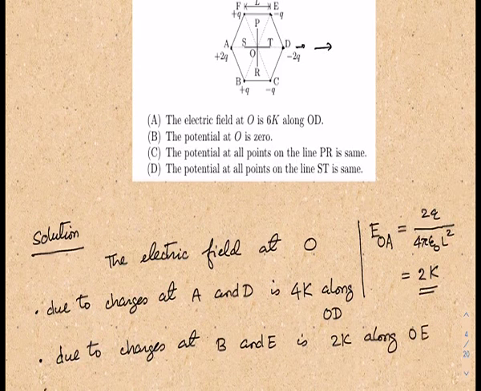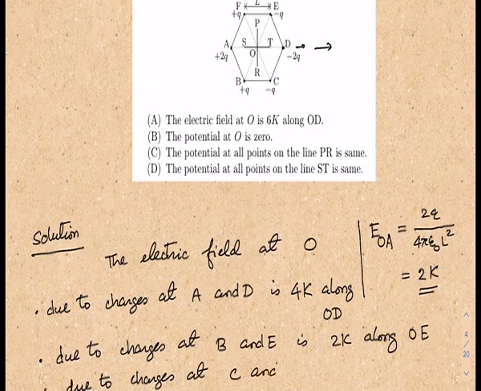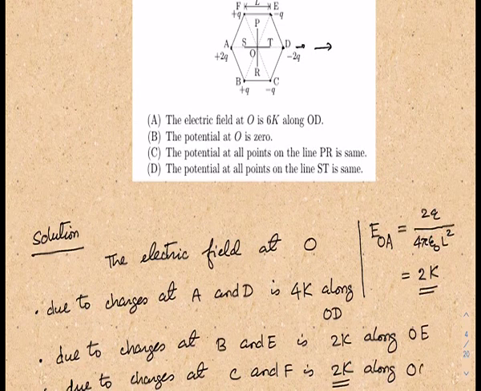Okay, and then due to charges at the other pair left, C and F, because plus q minus q, it would again be 2k in magnitude, and it would be along OC.